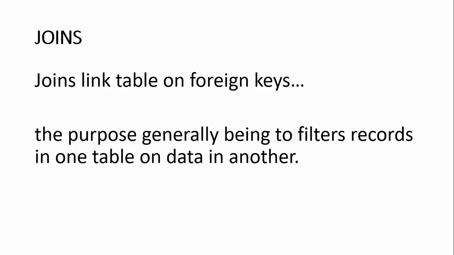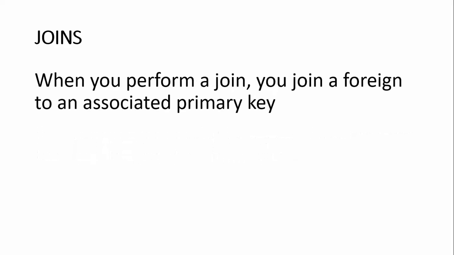So remember, we talked about foreign keys. A foreign key is a field that is a primary key in another table. It allows you to associate two tables. That's what a join is. A join is the process of taking one record and using one of its fields to go find the corresponding records in another table and merging them together to create a complete record.